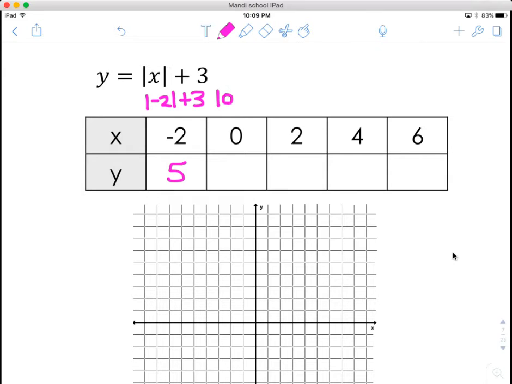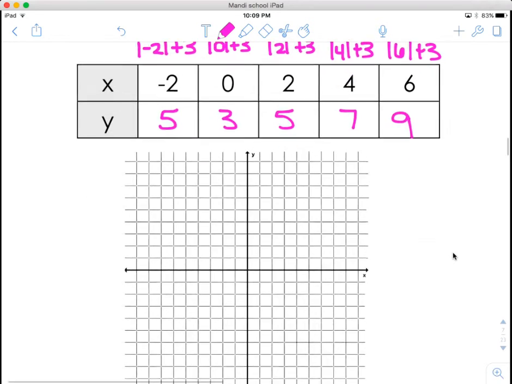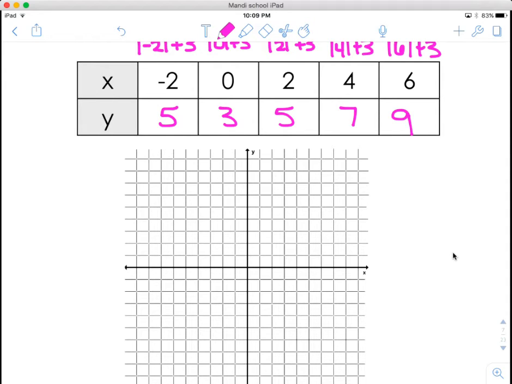Same thing here, absolute value of 0 plus 3. So that's 3. Absolute value of 2 plus 3, well, that's back to 5, so I bet we're looking at a vertex right there. Absolute value of 4 plus 3 is 7, and the absolute value of 6 plus 3 is 9.